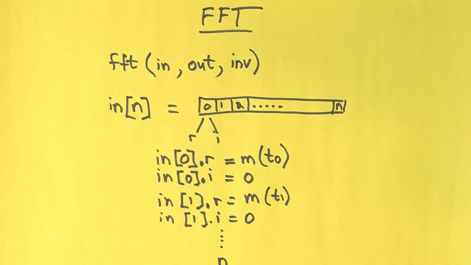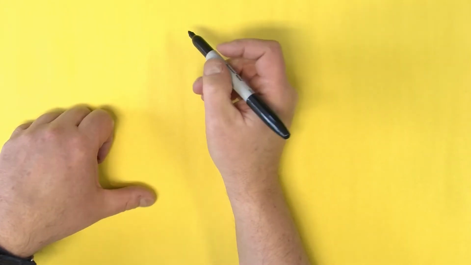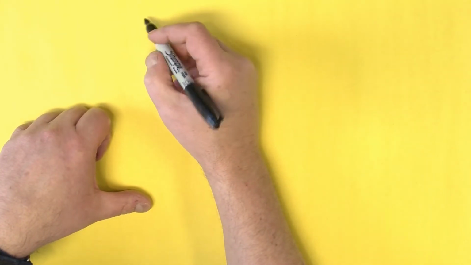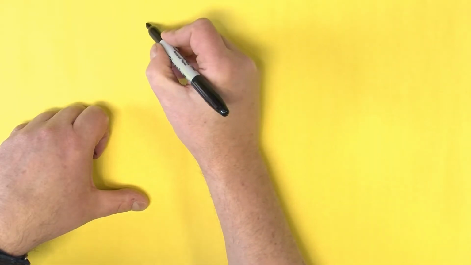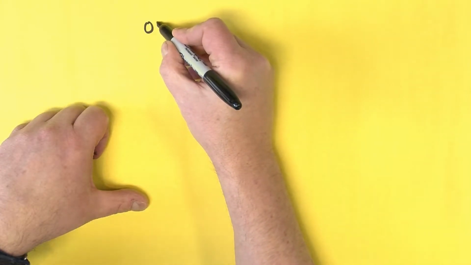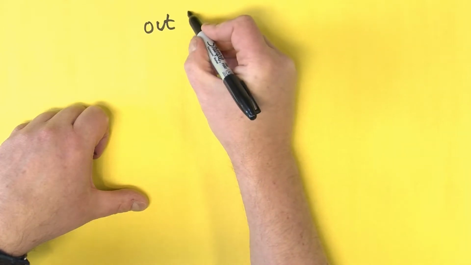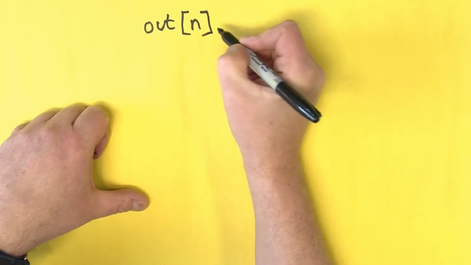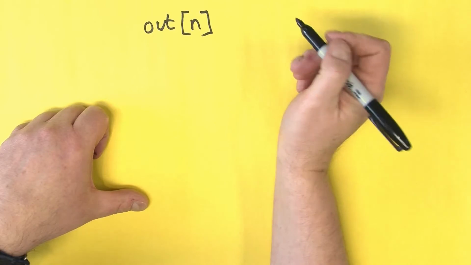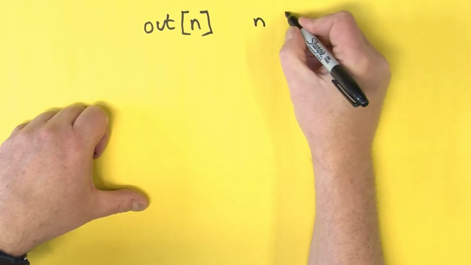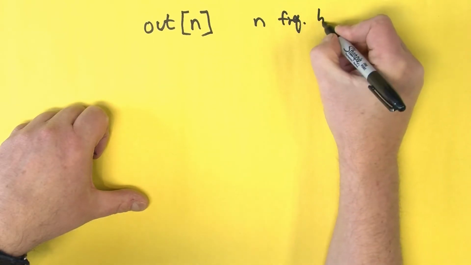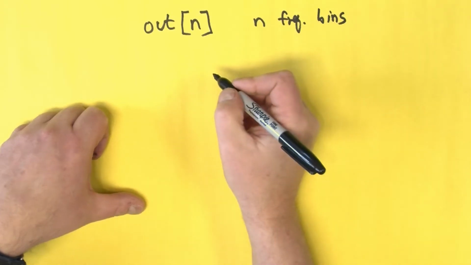So that's the input. We should now look at what we're going to get at the output side of the transform. So how do we deal with the output of our FFT? Well, the output is an array of size n, and that is n frequency bins.